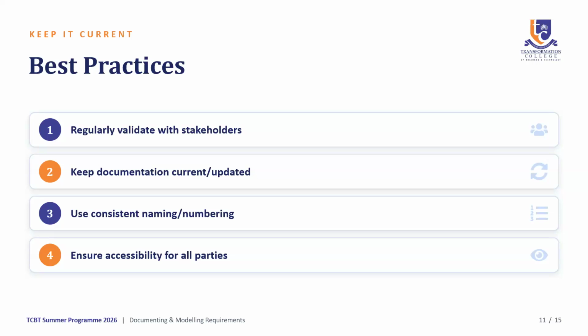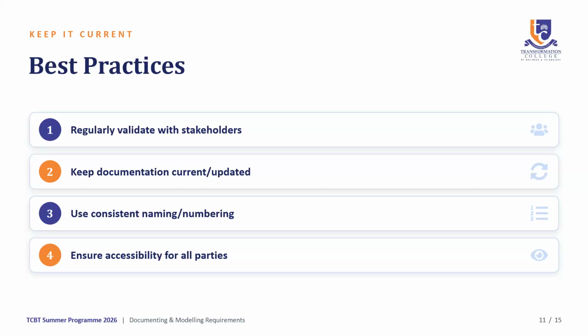So an example: the system shall verify identity before granting access. This is a requirement. You should not say the system shall use OTP via SMS. They almost mean the same thing, but as a business analyst, you go more with the requirement format: the system shall.